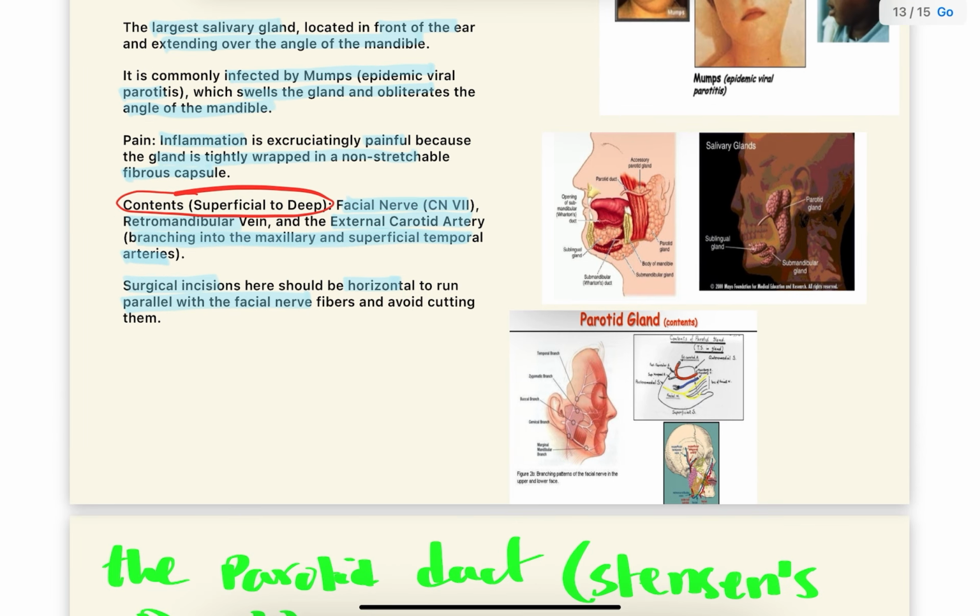Now, if we want to do any surgical incision here, it needs to be what? Horizontal. Why? Because it needs to be parallel to this facial nerve that we said is most superficial. So it needs to be horizontal and parallel to it to avoid cutting the facial nerve.